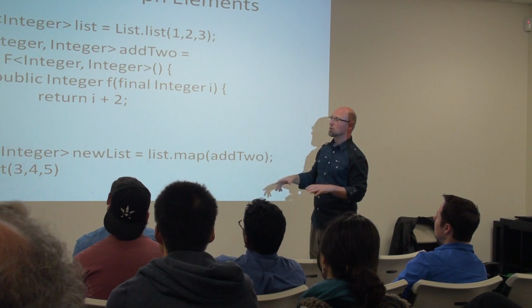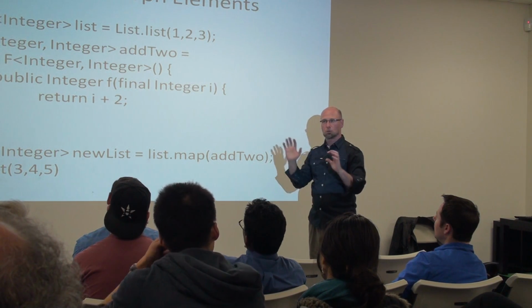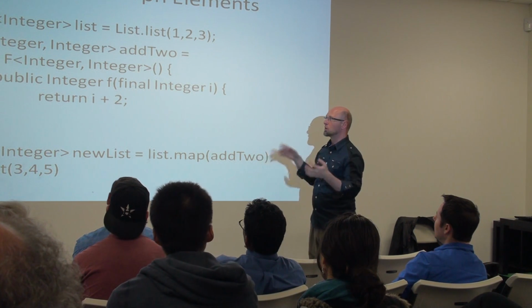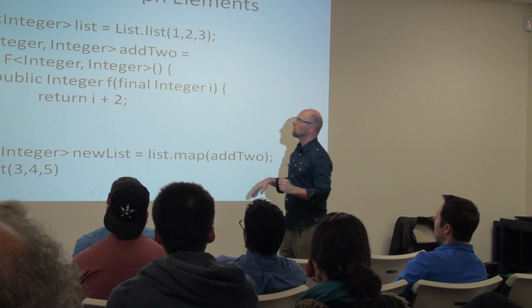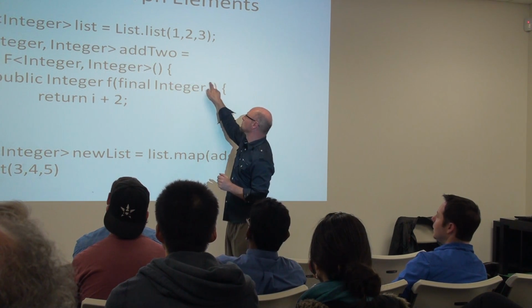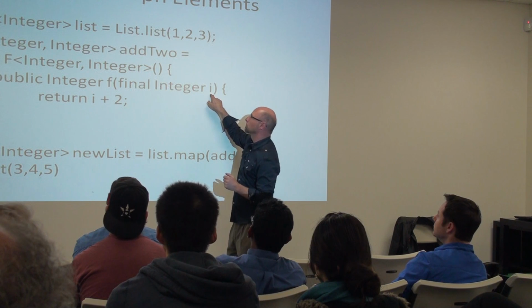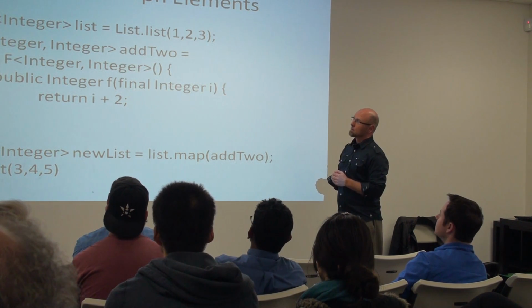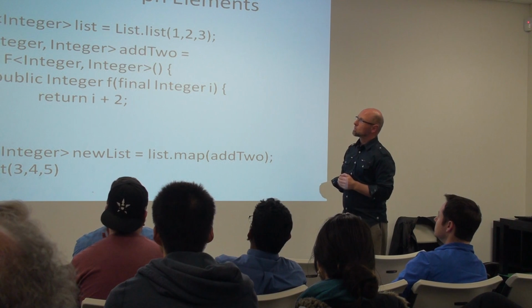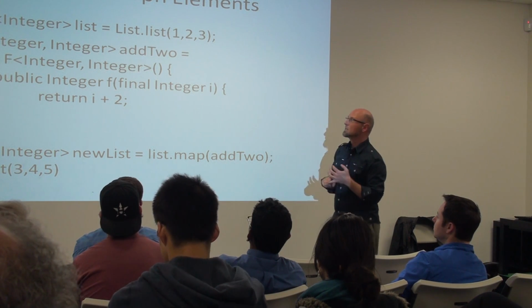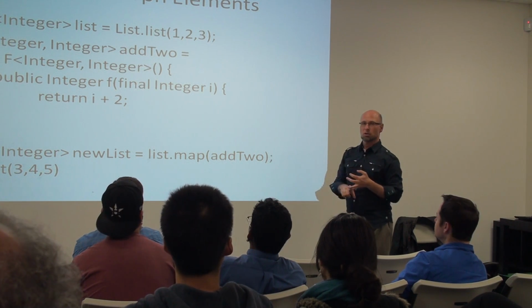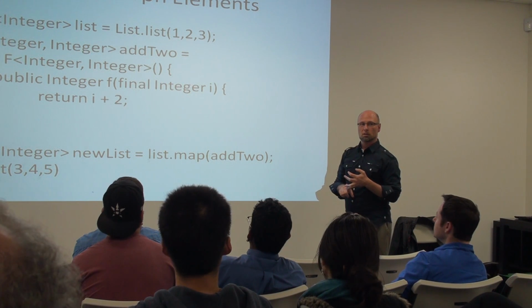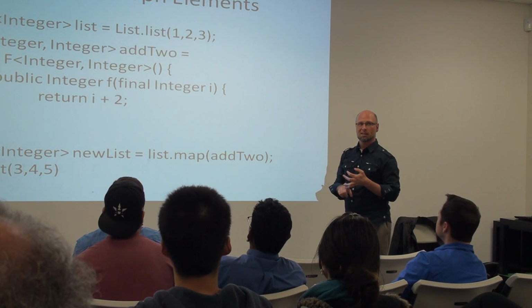Since there's only one, there's no state, no extra elements to it, and the only thing it can do is something to the parameter that we're passing in. So in this particular case, we're defining a function that takes an integer and returns an integer. Is that clear, or is that confusing?